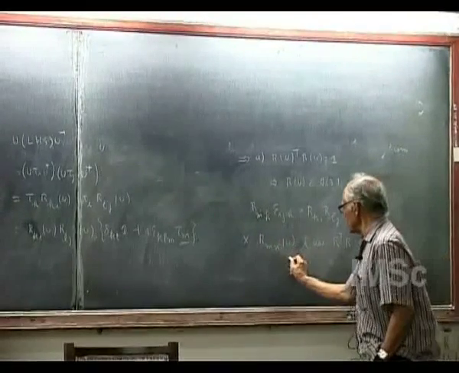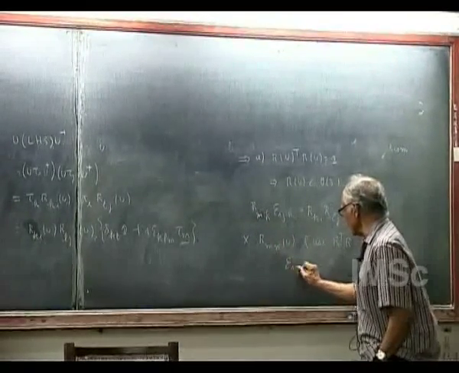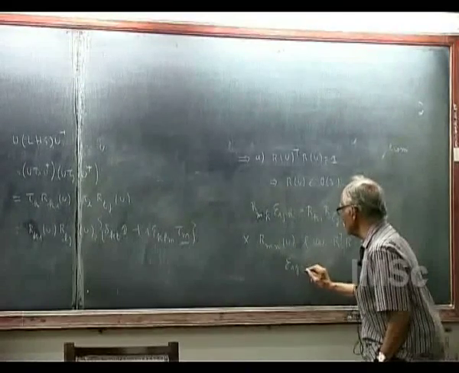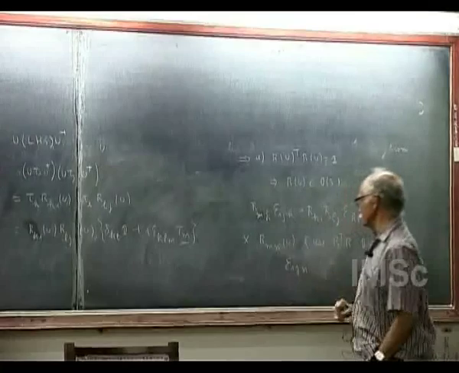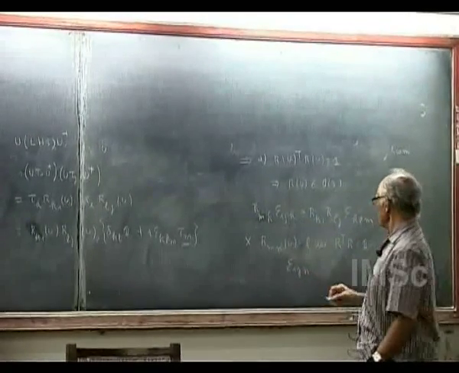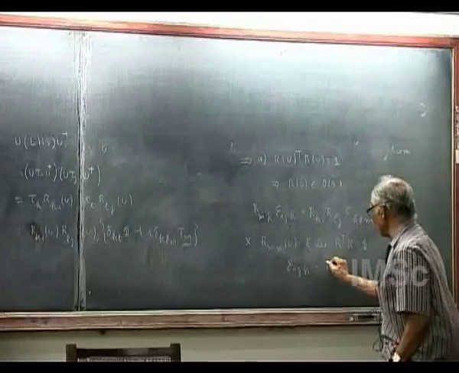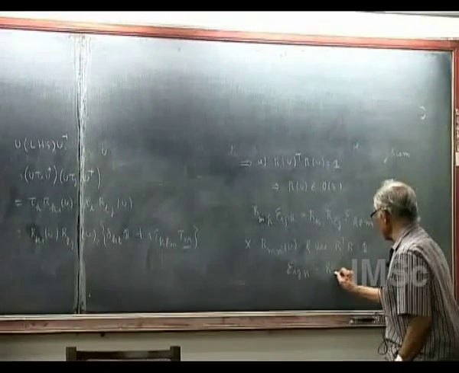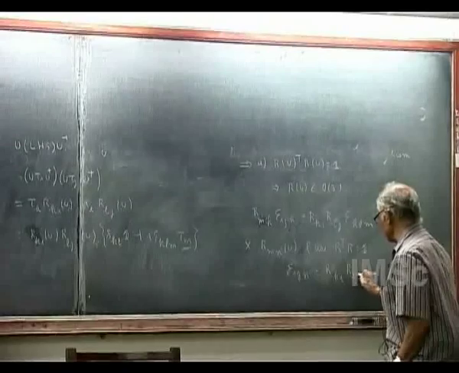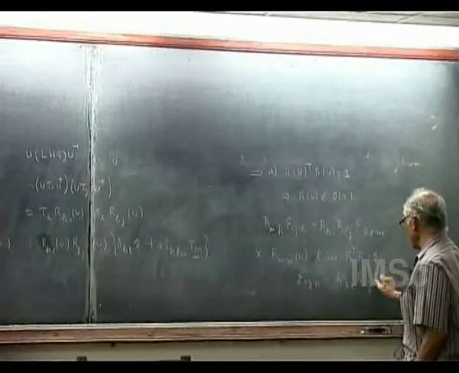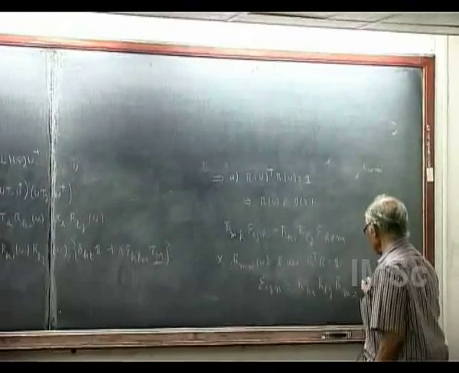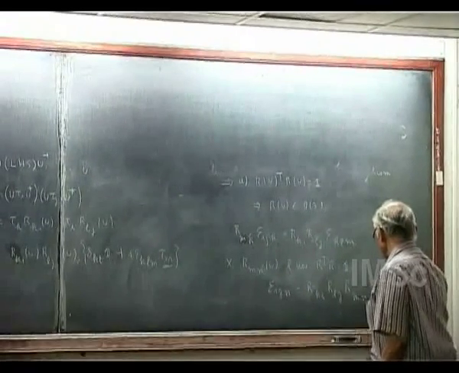So this will become epsilon I J M, summing in n, I get n, delta Kn, I get n, is equal to R K I R L J R M N acting on epsilon K L M.